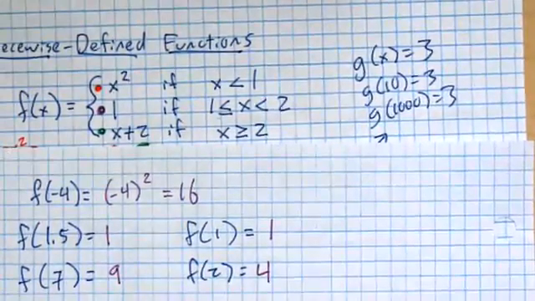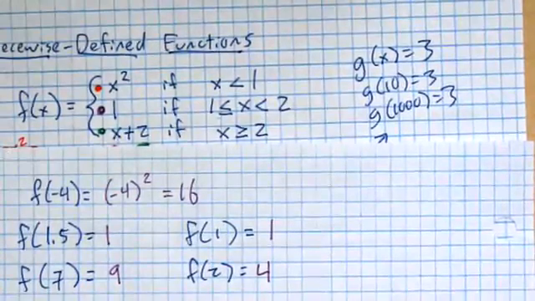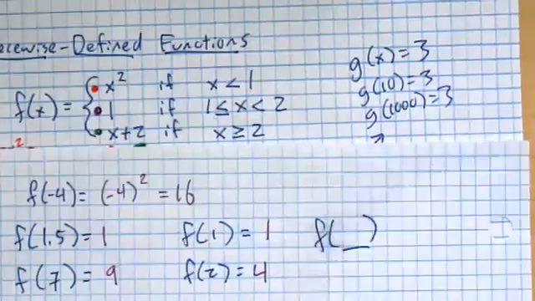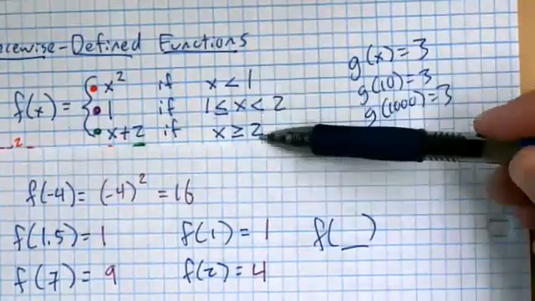Don't miss this. These are piecewise defined functions, correct? What if I ask you to evaluate f of some number, and this number happens to be in more than one of these subdomains?